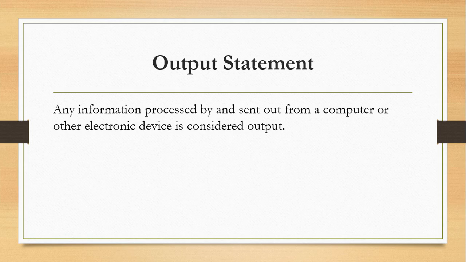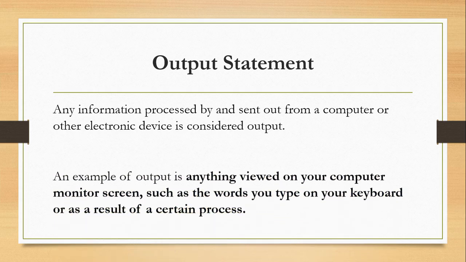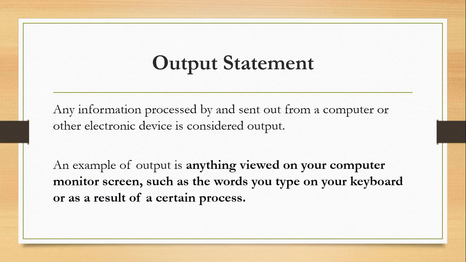These outputs are usually sent out through an output device, basically the monitor, that's the visual display unit. So basically, any information processed by the computer and sent by the computer to an electronic device is considered an output. The output can be viewed on the monitor, that is the visual display unit, as well as other devices that are connected to the computer.